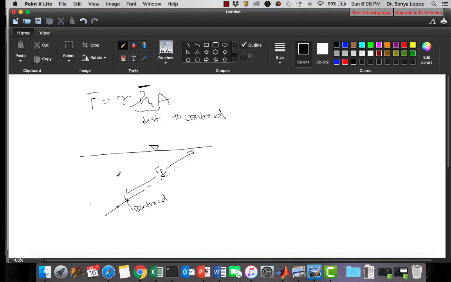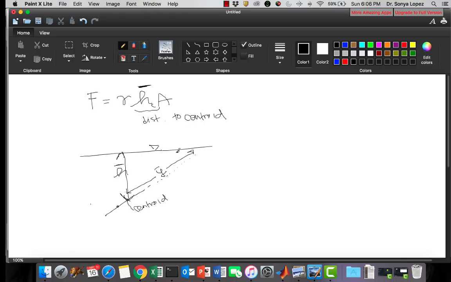And then we have our h bar here, which is the distance from the top of the tank to the centroid. You should see me trying, this is kind of hilarious. So this equation is absolutely valid.